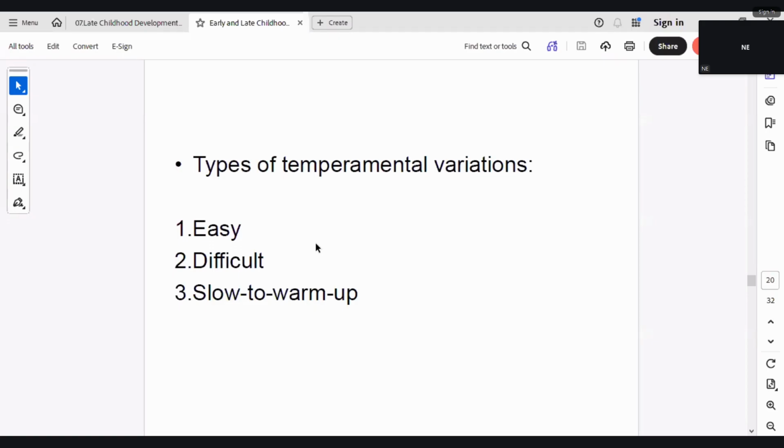Taking all of those parameters into consideration, they've summarized it into types of temperamental variations, where children are categorized as having an easy temperament, which are the easiest to deal with because they're flexible, they're not extremely reactive, and their mood is generally stable. Moms will tell you, this child was just really easy growing up, I never struggled with them, very smooth.